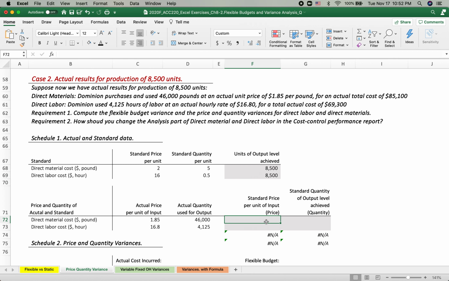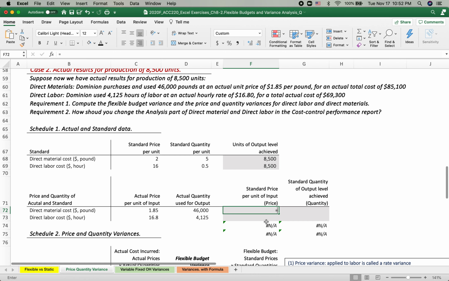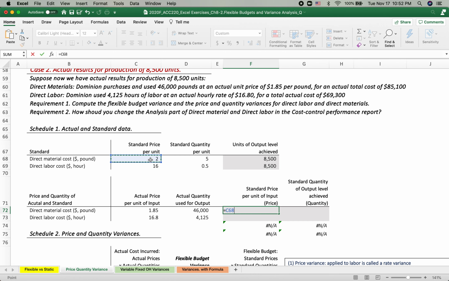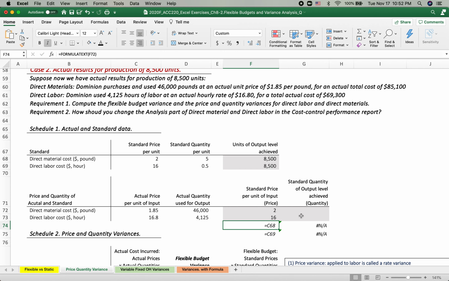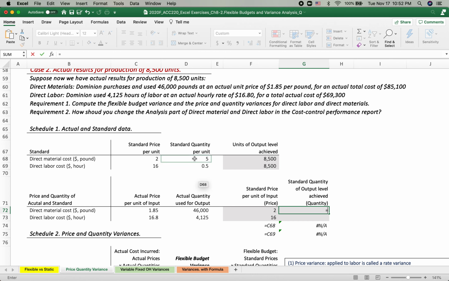Now, in the same way, we need to gather the standard price information from this table, and then the standard quantity of the output level achieved. We need to calculate $5 per pound per unit.